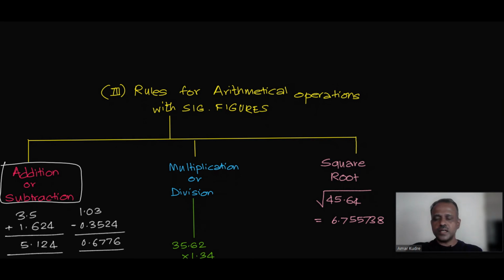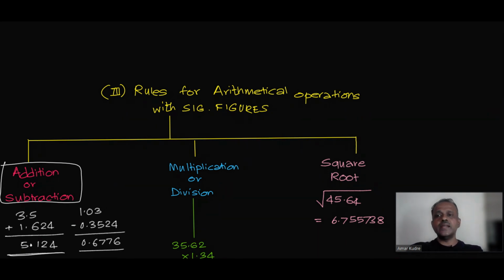Here we first add or subtract the digits as required, and then check the result. Surprisingly, in the case of addition or subtraction, we need not worry about how many significant figures there are. We only need to check how many decimal places there are.